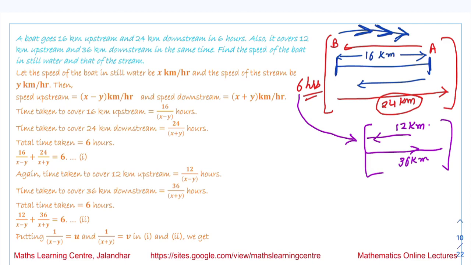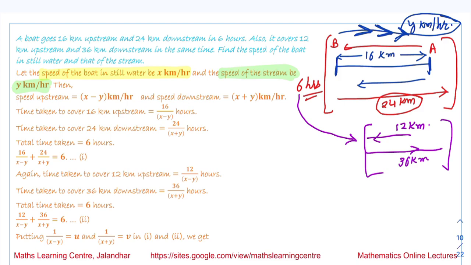So suppose the speed of the boat in still water be x km per hour and the speed of the stream be y km per hour. The speed of the stream is y km per hour in this direction, and the speed of the boat is x km per hour in still water.